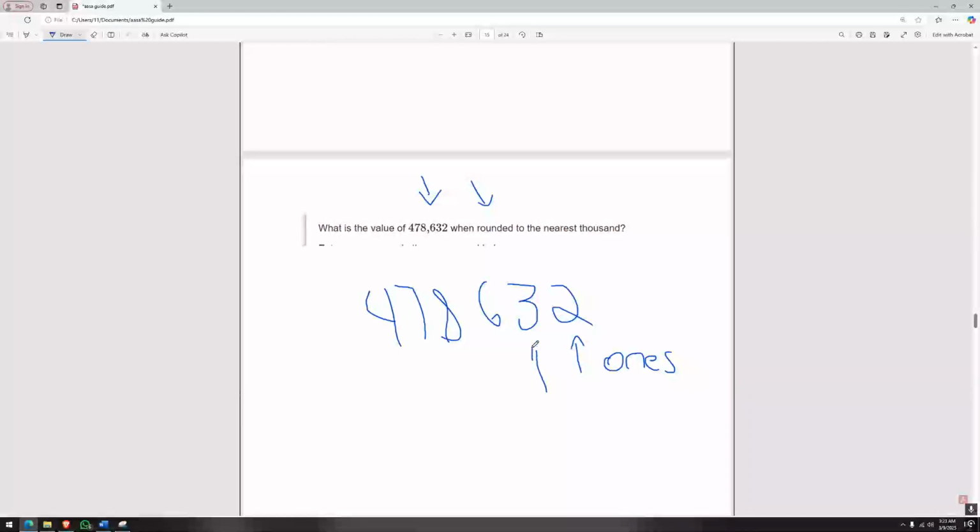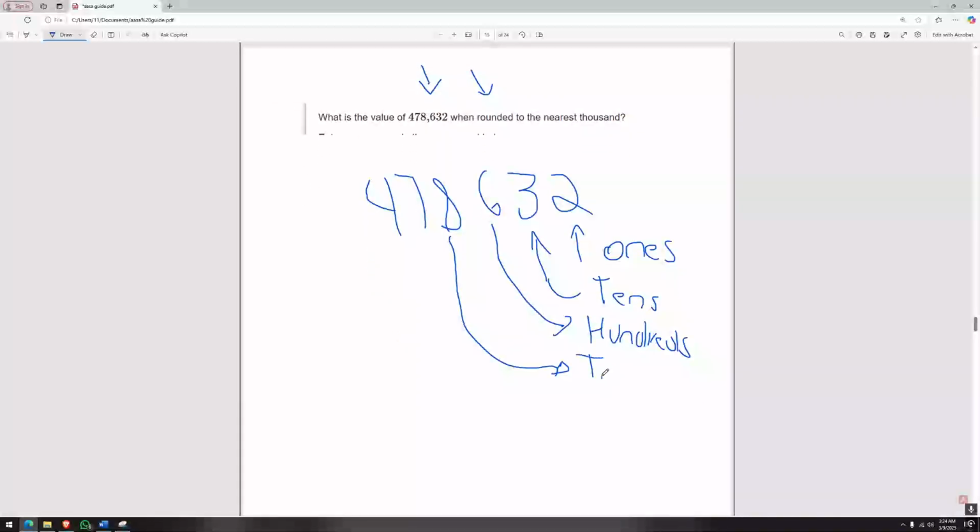Ahora, this one is tens. Y luego, this one is hundreds. Cienes. And this one is thousands.